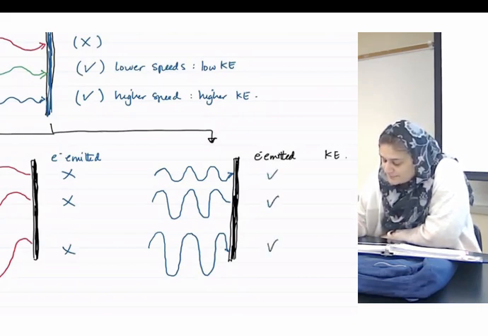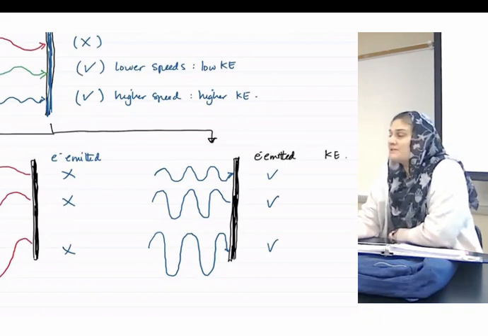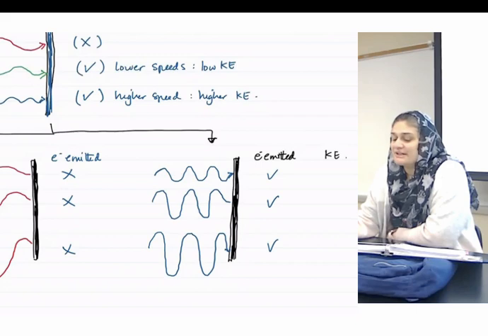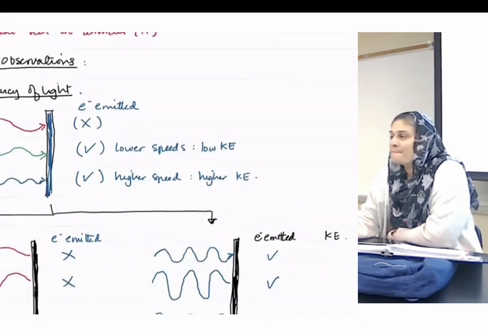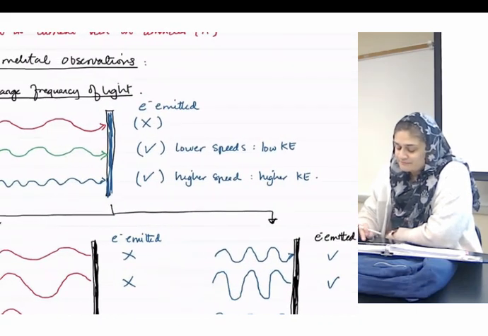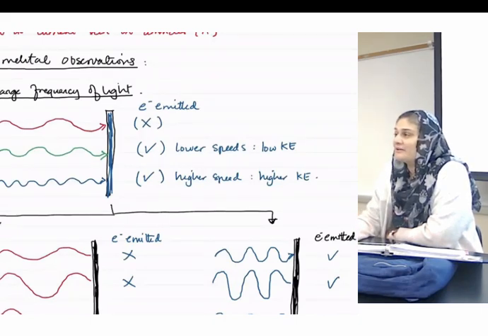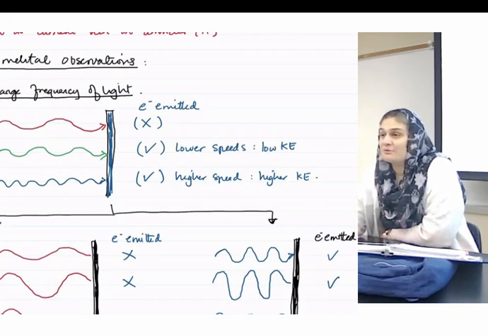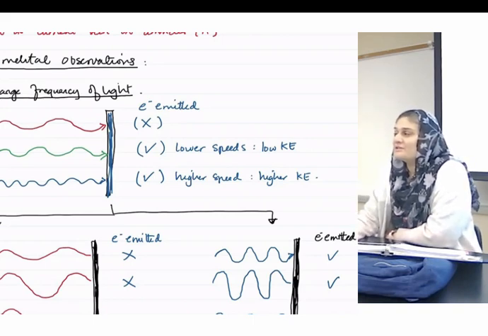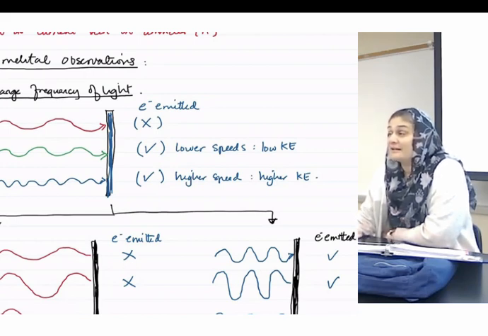What do you think happens to the kinetic energy as it goes down? What does classical physics say should happen? What happened here? Lower speeds, low kinetic energy, higher speeds, higher kinetic energy. Now I'm increasing the number of electrons that are incident on it. Should that translate to higher kinetic energy?